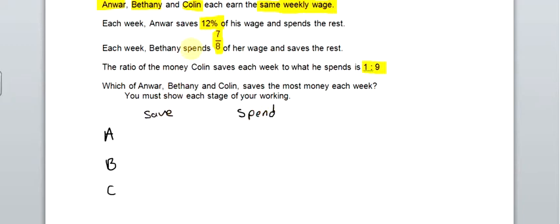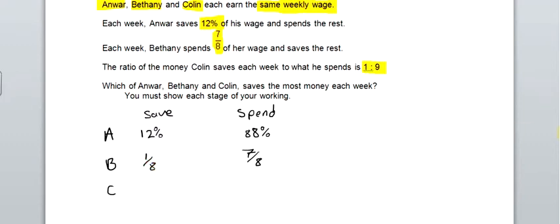So, Anwar saves 12%, which must mean that he spends 88%. Bethany spends 7/8, so notice they've done it the other way around here, so be very careful with this. 7/8, which must mean she saves 1/8.